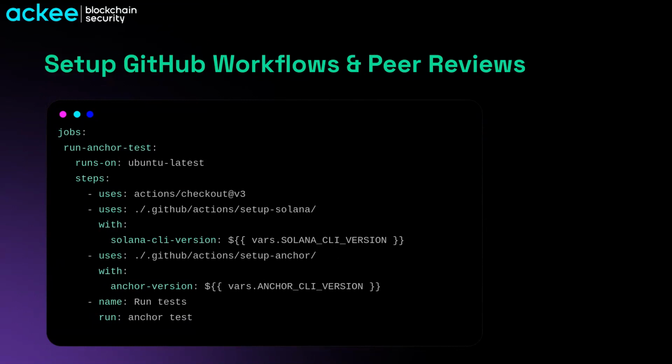But if you are multiple persons in your team, then I really recommend that you set up your GitHub in a way that you cannot merge before a second, independent person reviews your pull request, and that the workflow checks pass.